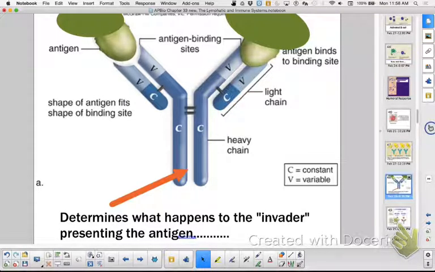This part, remember how we talked about exon recombination? It can give you variety in the variable region here. And this is the part that is specific to the antigen, so you literally have millions of varieties here on the end. So Y-shaped, they bind and mark antigens for destruction.